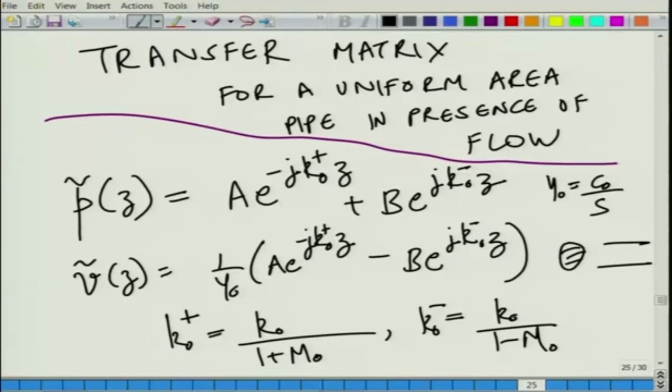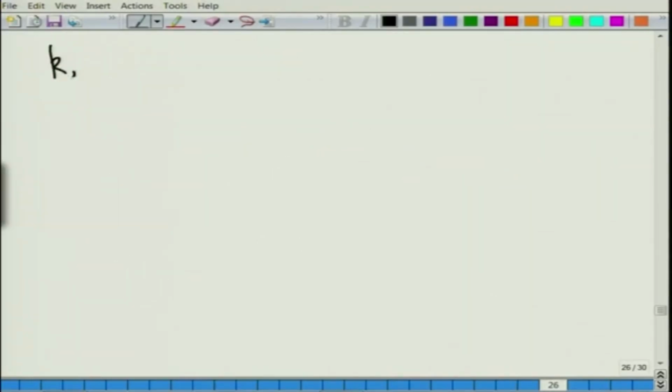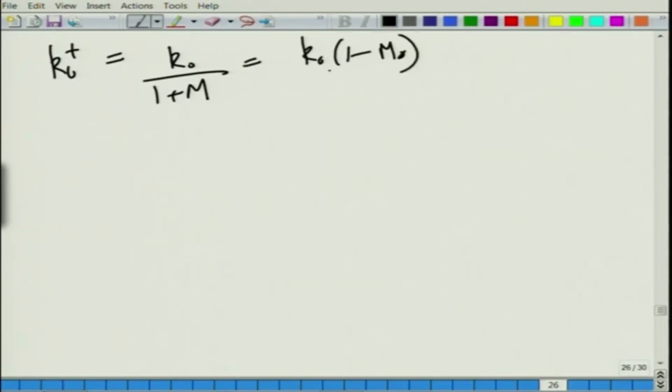Let's consider K naught first. Like I said, it is written as K naught into 1 plus m. So, we can write this as K naught into 1 minus m naught square, and 1 minus m naught. So, this I can introduce as a new quantity K c and 1 minus m naught.